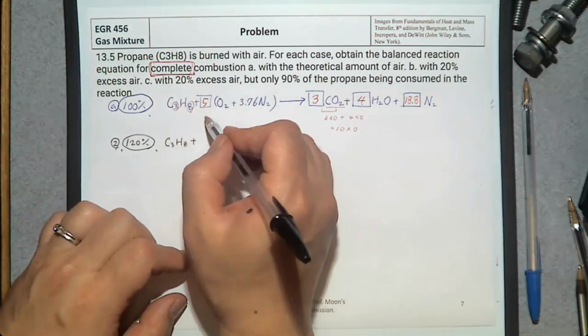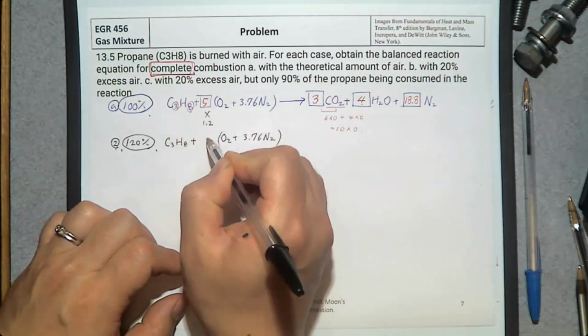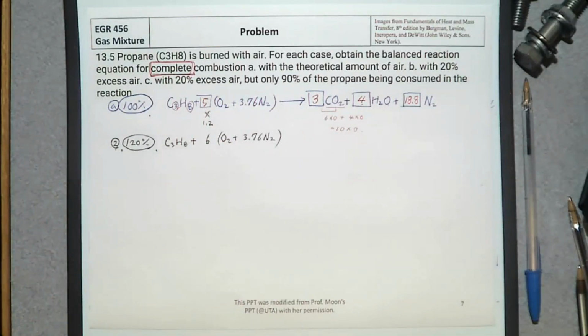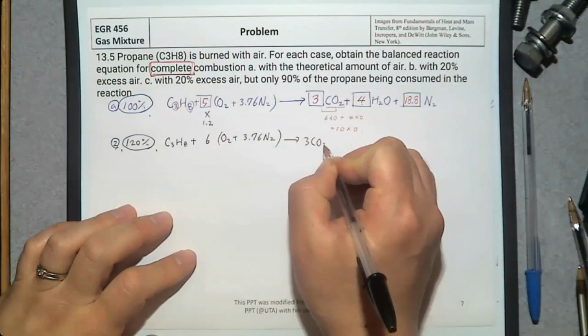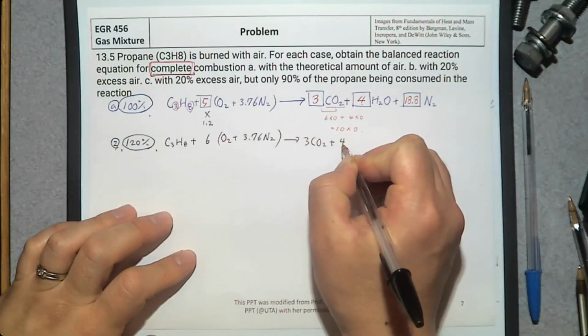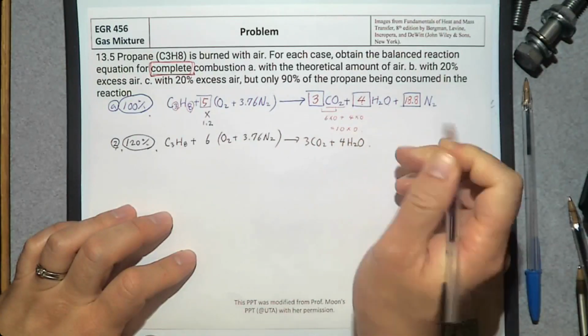So 5 times 1.2, so that's 6. However, it does not change the number of moles of carbon dioxide and water because the number of carbon atoms and hydrogen atoms did not change. So we still have 3 carbon dioxide and 4 water.